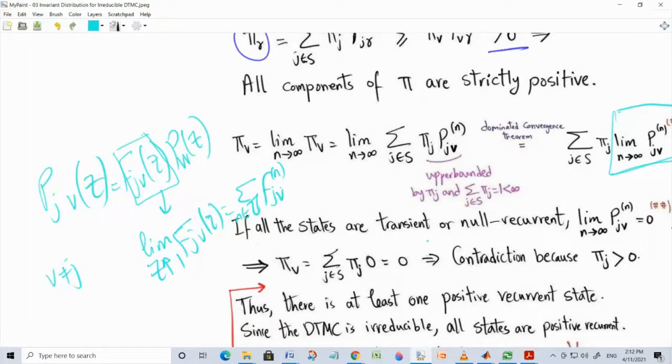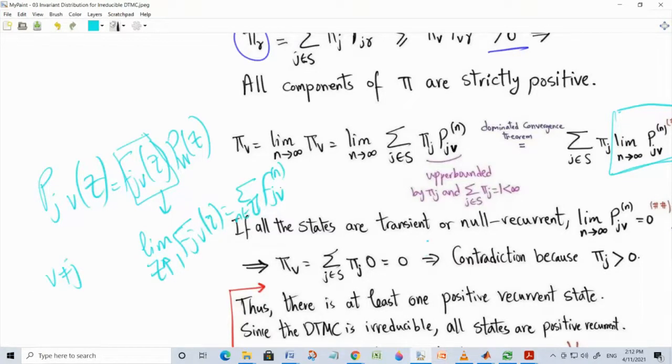And in our case, this probability should be positive. Why? Because our Markov chain is irreducible, so every state should be accessible from any other state.